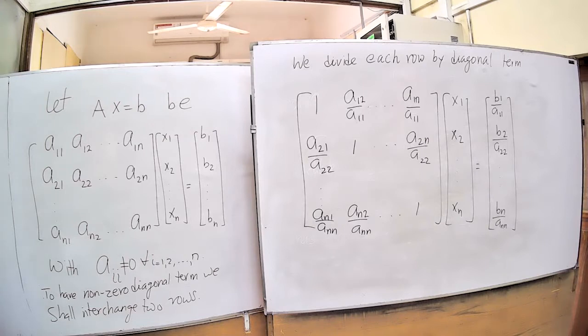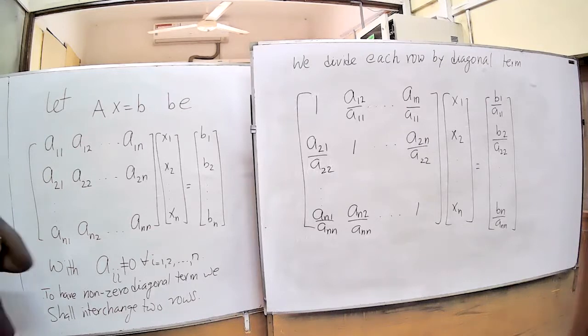So now I'm going to show you a method to avoid multiplying by D inverse. In order to do that, first you interchange the rows and make sure that you have non-zero terms on the diagonal, and then divide by the diagonal term so that you have ones on the diagonal.